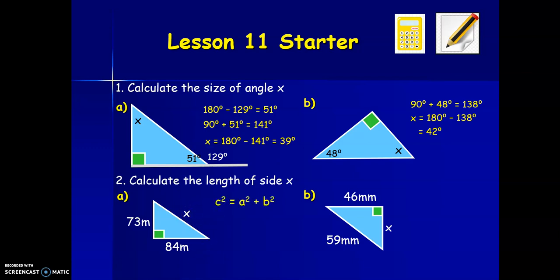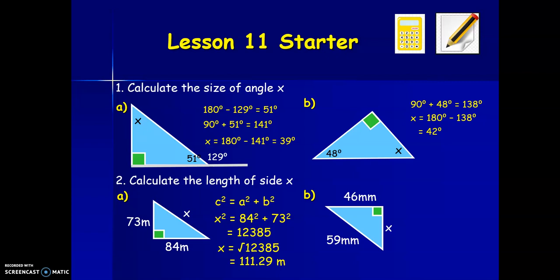Filling in our values, we get X squared equals 84 squared plus 73 squared, which is 12,385, and then don't forget to square root this answer, so X is 111.29 metres.